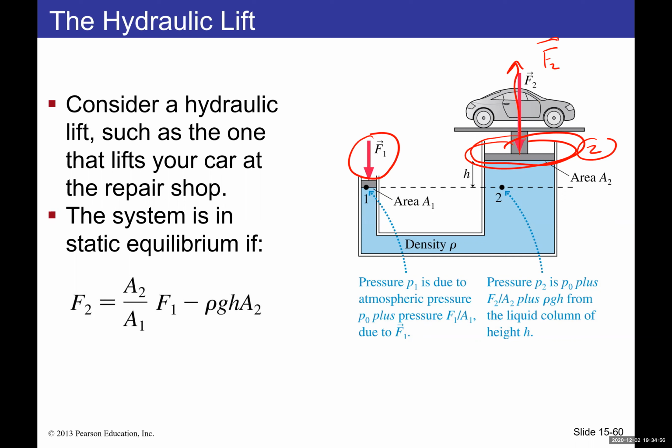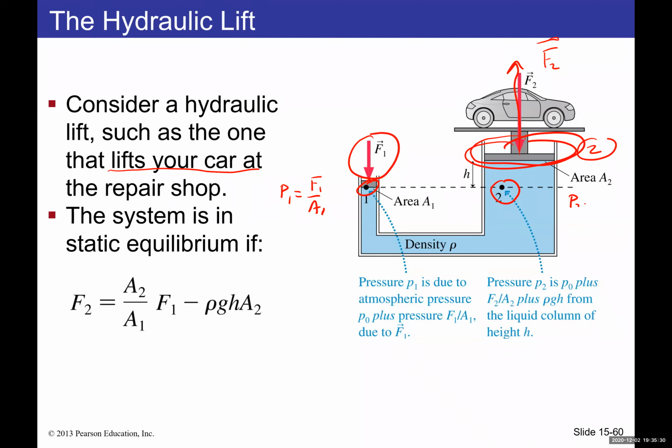So this hydraulic lift is used to lift your car at the repair shop, and it's a relatively simple idea. Let's say point one is where your first piston is, and you apply force F1. That means the pressure at point one is equal to F1 over A1. Then you have point two, and remember, the pressure at point two is equal to the pressure at point one, because they are on exactly the same horizontal line.